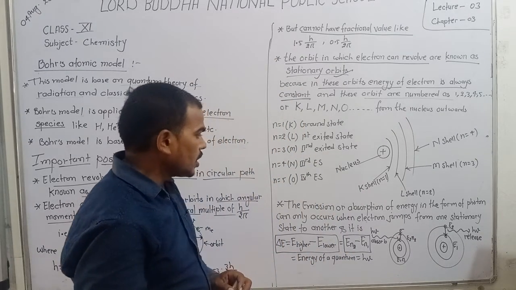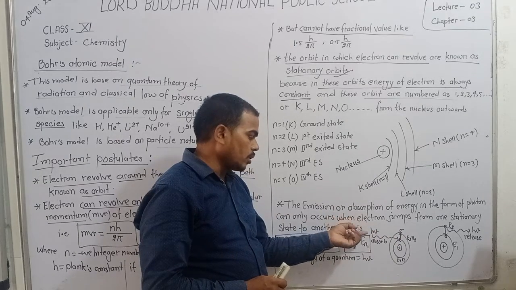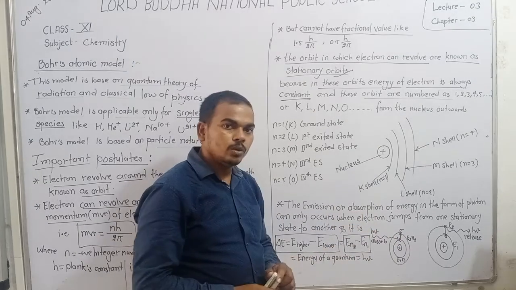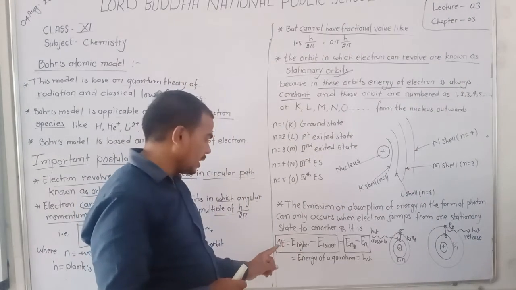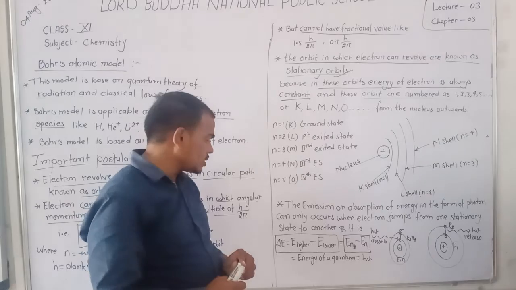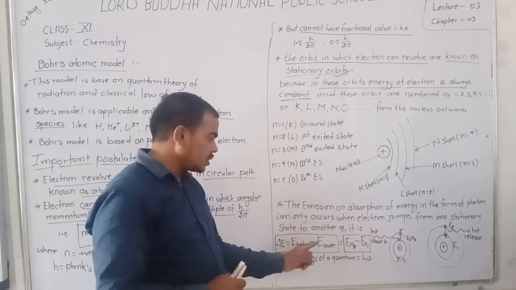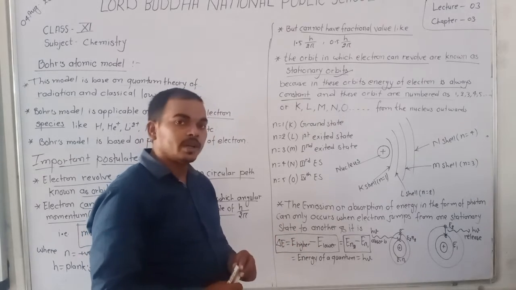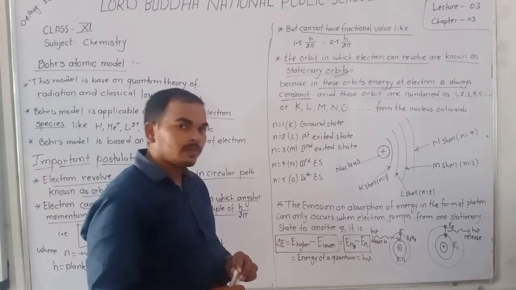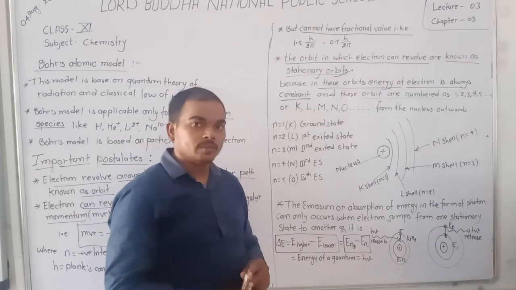Dear student, the energy difference when an electron jumps from lower to higher or higher to lower energy is calculated using this formula. Delta E, the difference of energy, is equal to energy of higher minus energy of lower. This is also written as En2 minus En1.